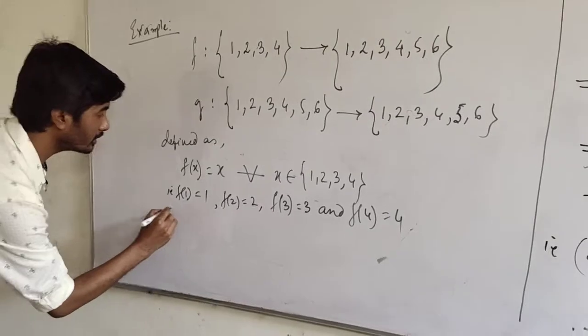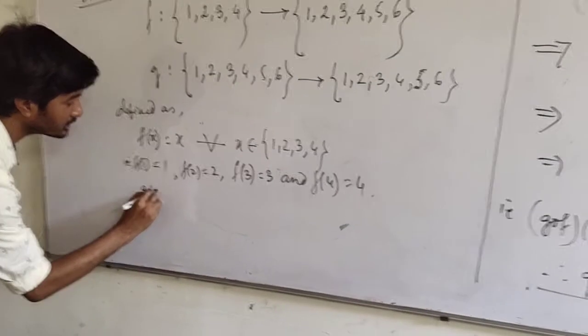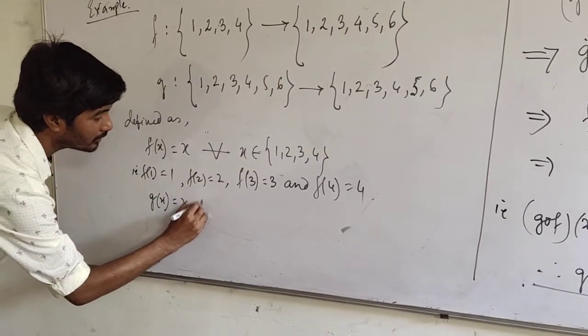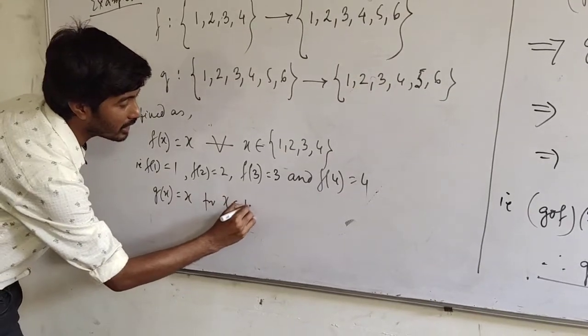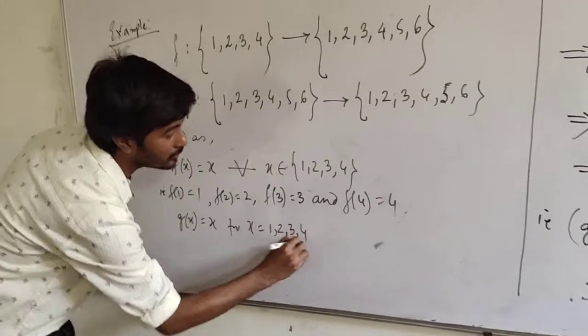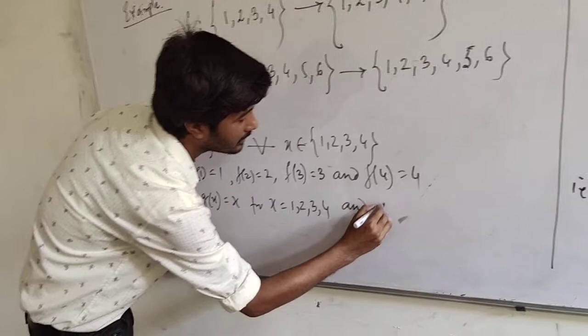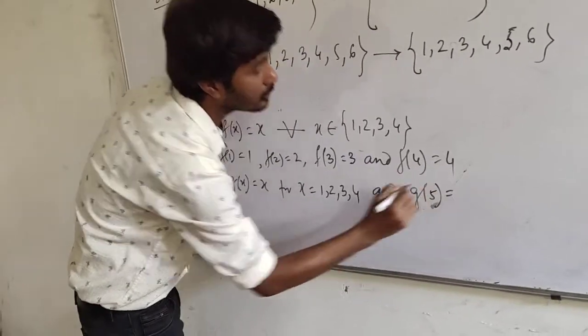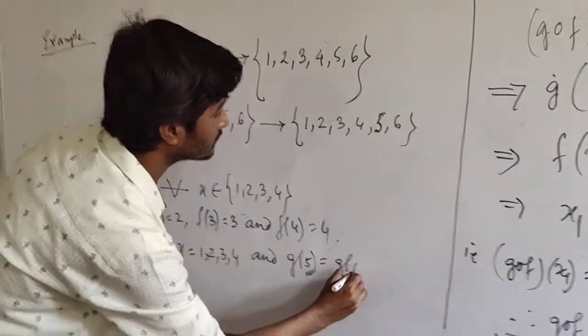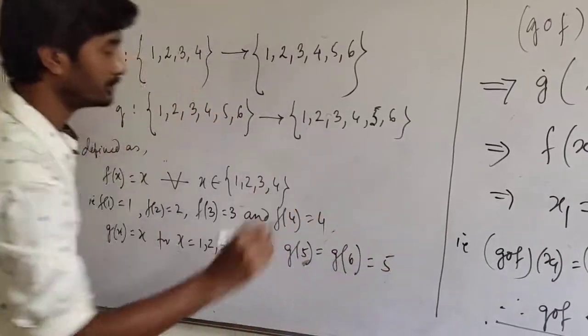For the function g, we take g(x) equal to x for x equal to 1, 2, 3, 4, and g(5) equal to g(6) equal to, suppose, 5.